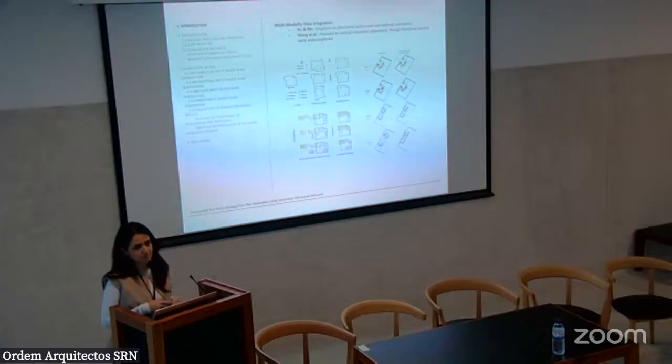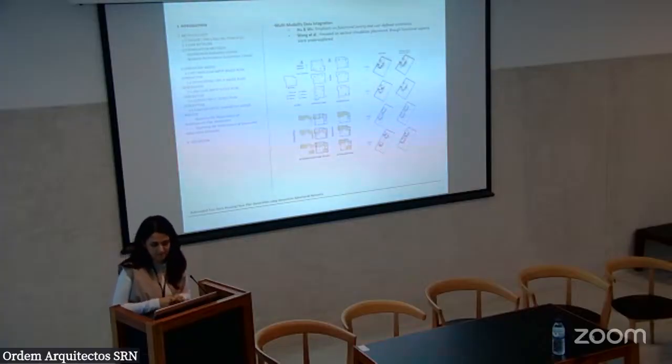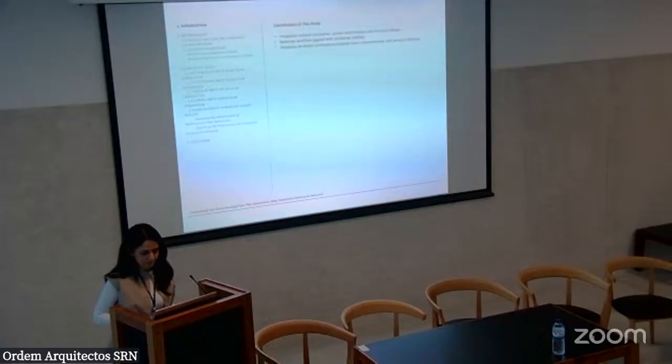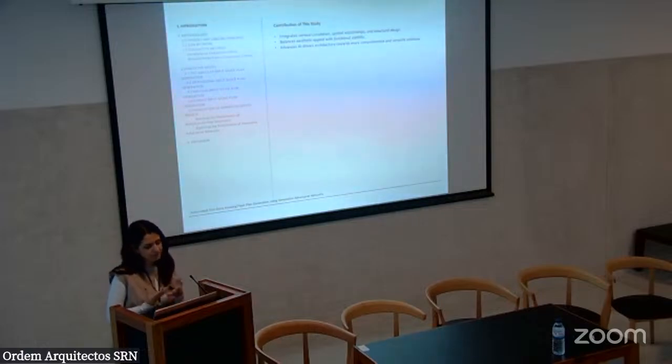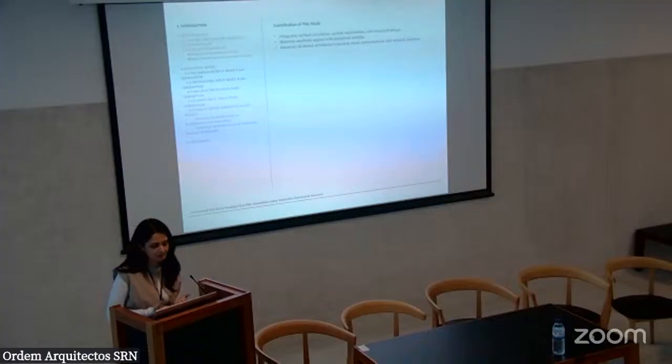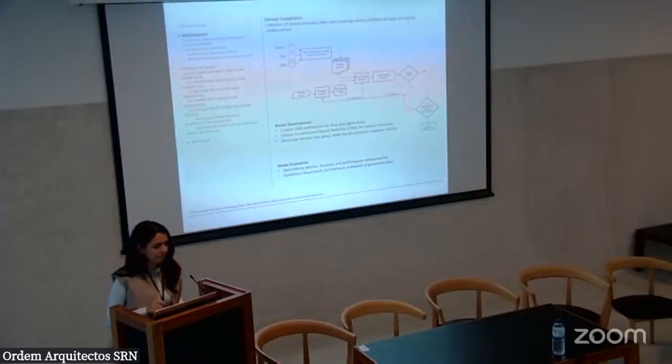We use some numerical data, which is the geometric, topologic, and visibility-based data. So for the contribution of this study, we aim to integrate the vertical circulation into spatial relationships and balance this functional viability, and we try to use advances of AI-driven architecture through these solutions.